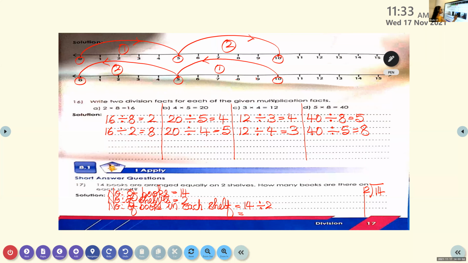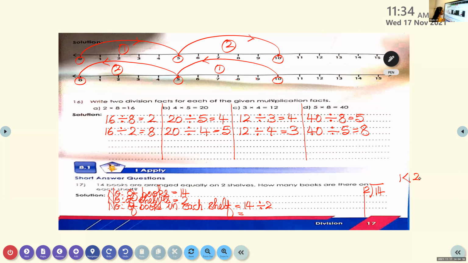John, 14 divided by 2. How will you do the division, my dear? Compare which numbers? 1 and 2. Yes, 1 and 2. The first digit of the dividend and the divisor is to be compared.